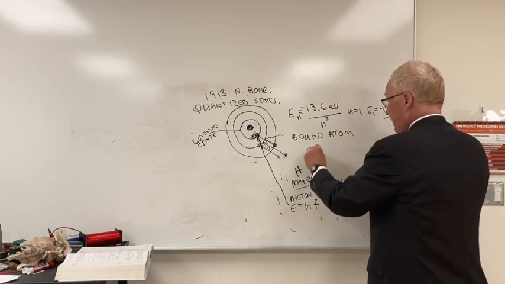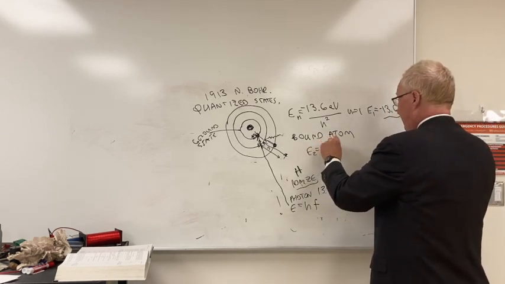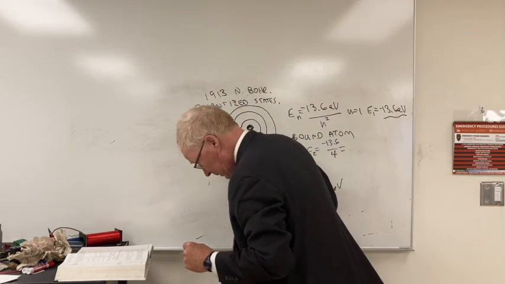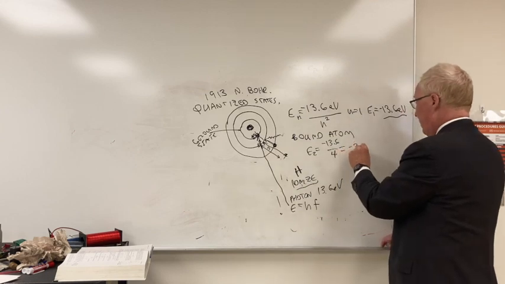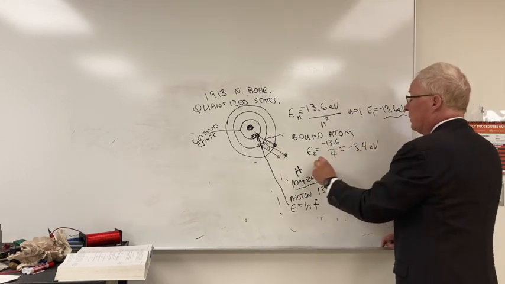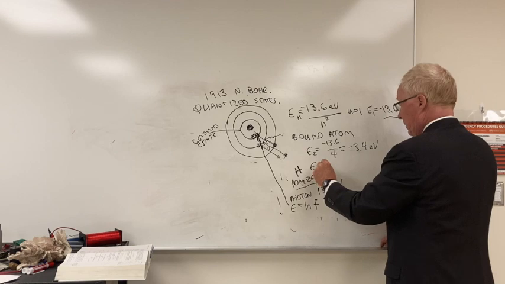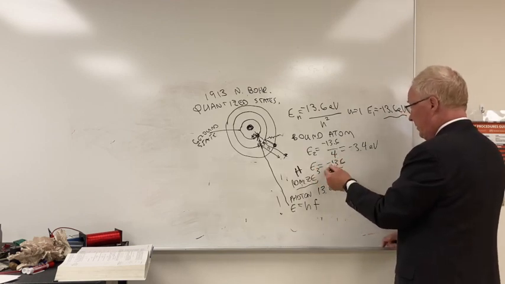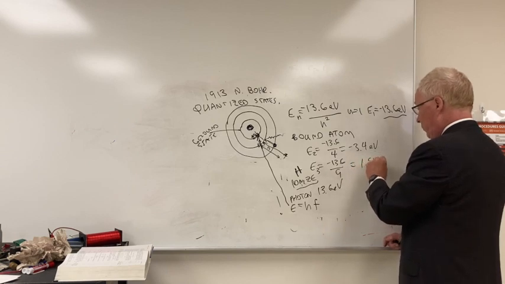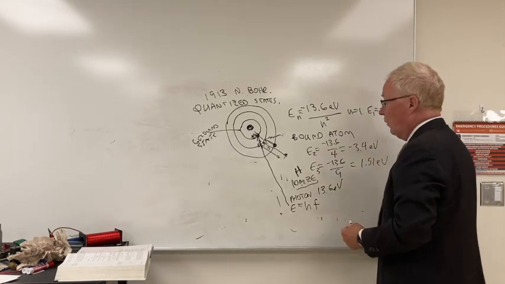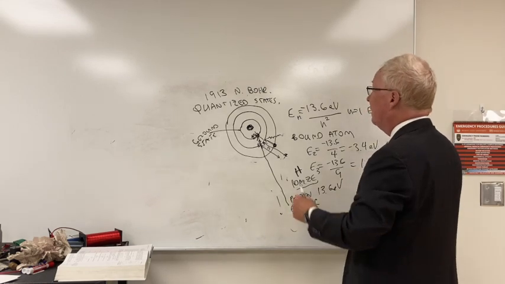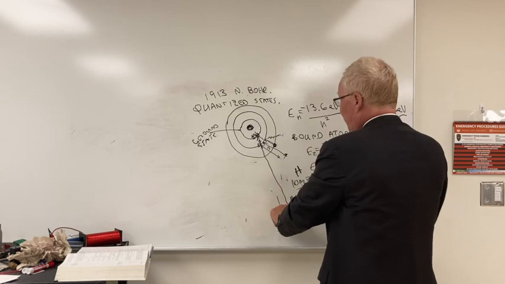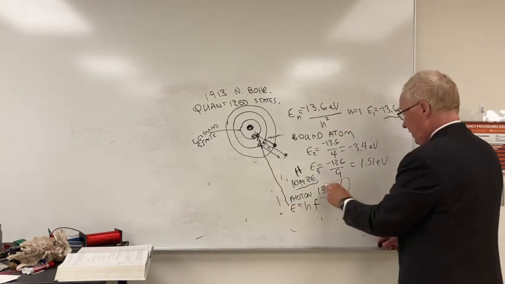E2 is minus 13.6 over 4, which is minus 3.4 electron volts. E3 is minus 13.6 over 9, which is minus 1.51 electron volts, and so on. If I go from 0, 1, all the way out to ionized, I get 13.6.